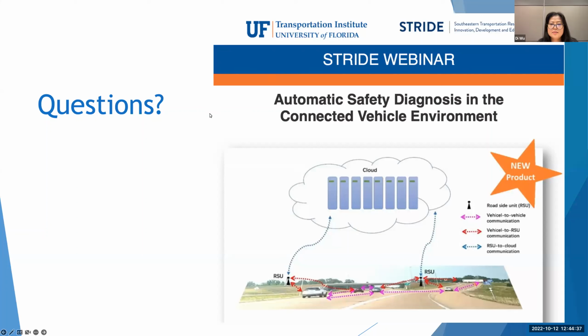Okay. This is a very important question. We explained how conservative we can be in our paper for the CIM, because we use the maximum possible time to invade to calculate the critical distance.